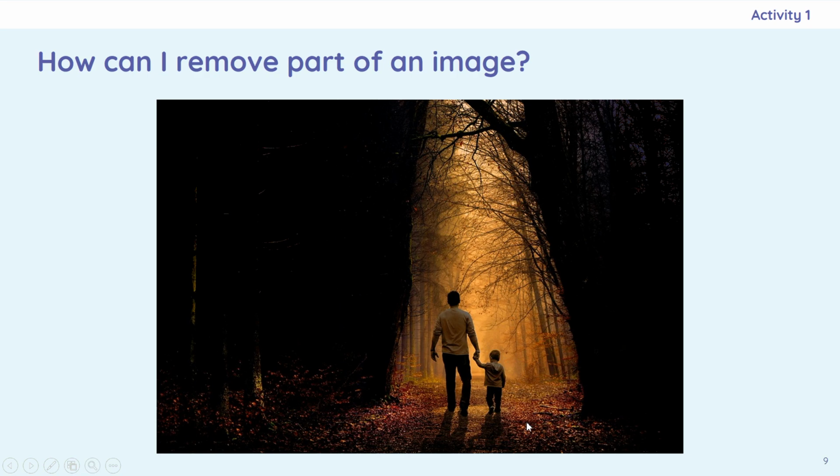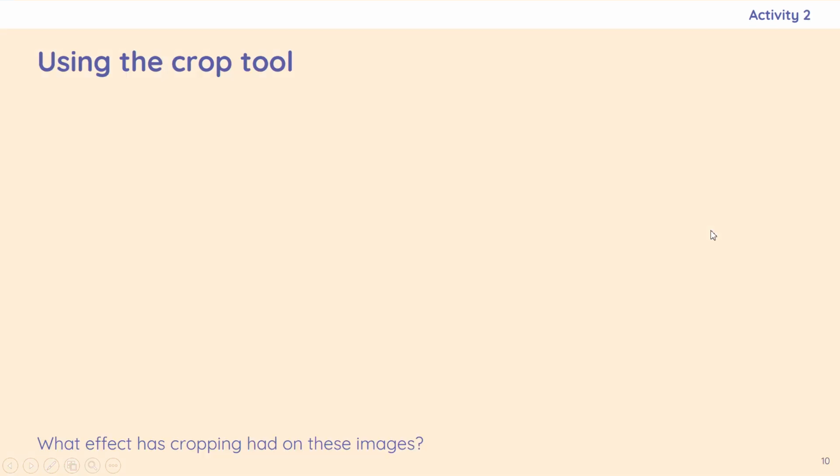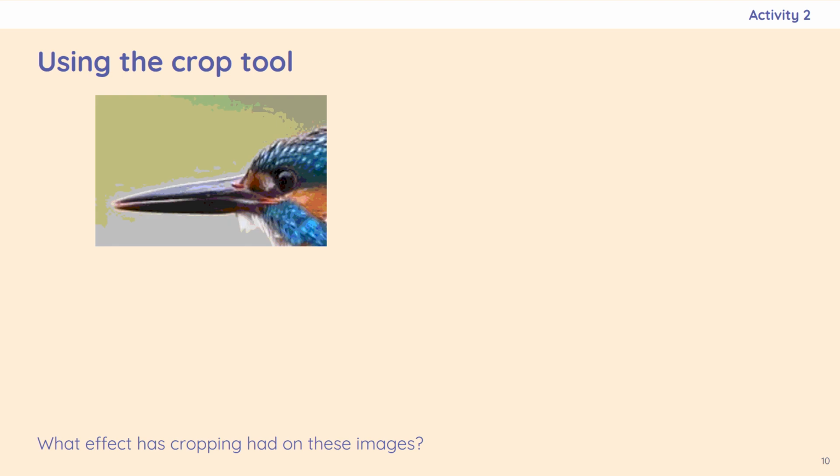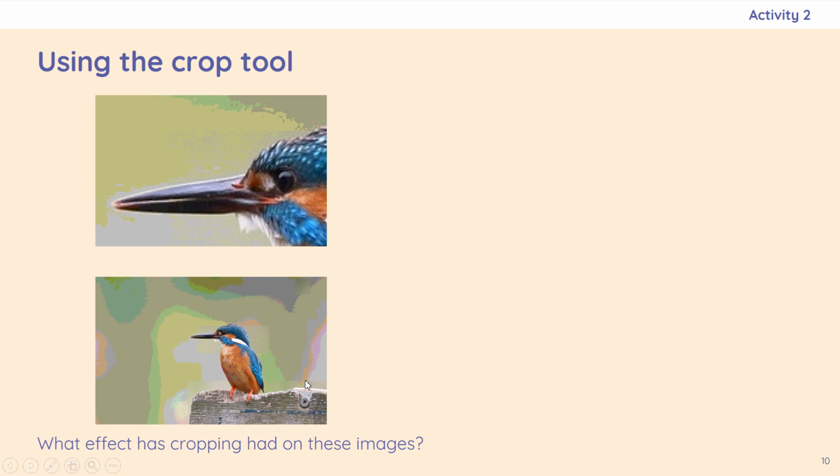So we're going to think about how we can remove part of an image. So in this picture, we might just want to have this part. We might want to get rid of all this darkness because it doesn't really add to the benefit of the image. And to do this, we can use the cropping tool. So this image here has been cropped from this one. So this was the whole bird.